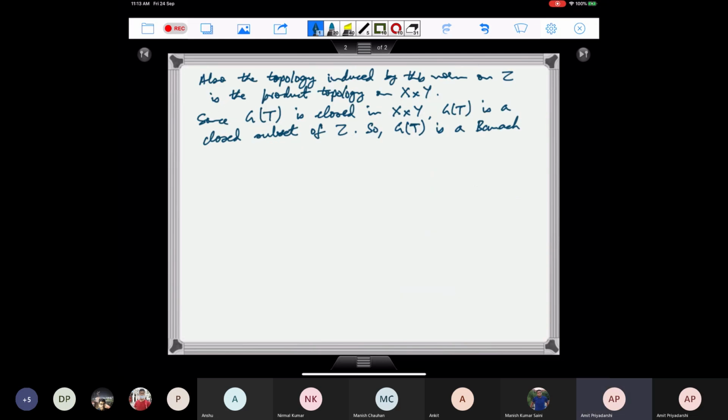Now because the graph of T is closed in V cross W, the graph of T is a closed subset of this normed space Z. And because Z is a Banach space, any closed subset with the restricted norm is a Banach space. So G of T is a Banach space.